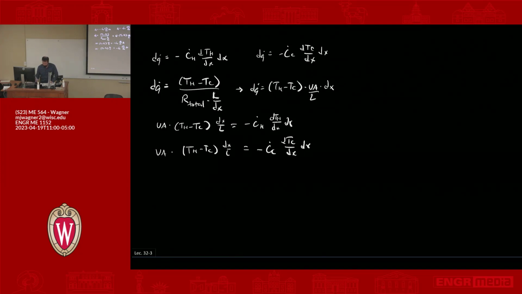I guess we could rewrite it if we wanted to be careful. Let's just rewrite it in standard form as dTH dx equals minus UA over L C dot H times TH minus TC.